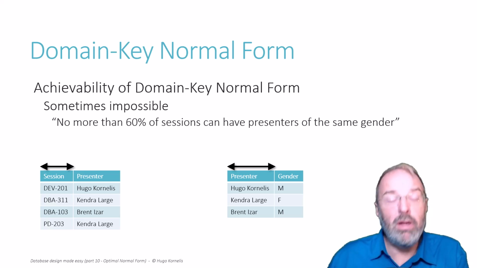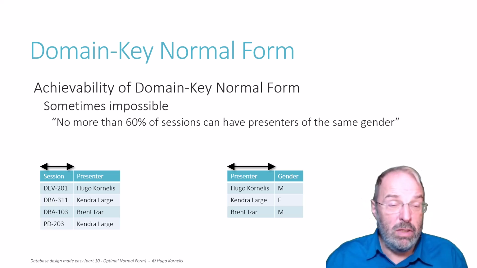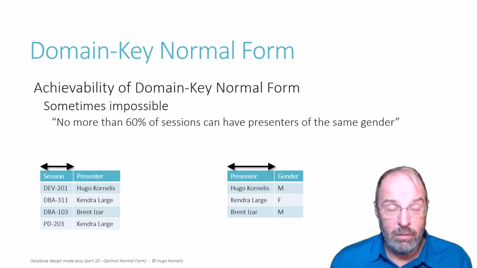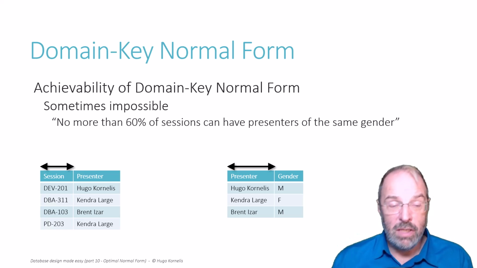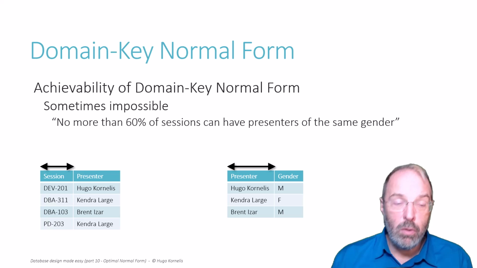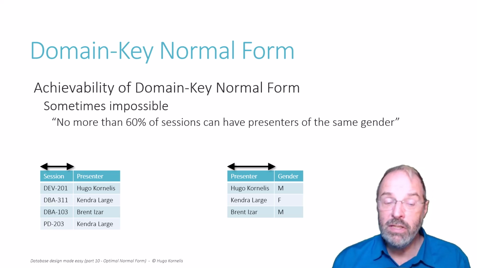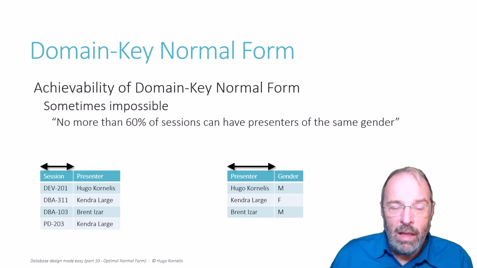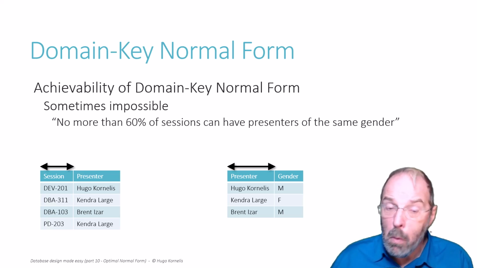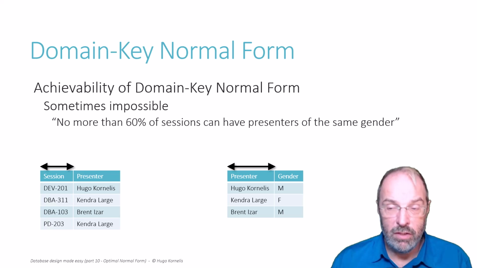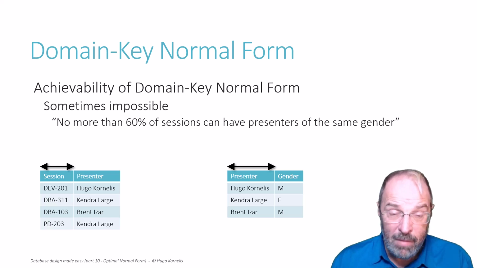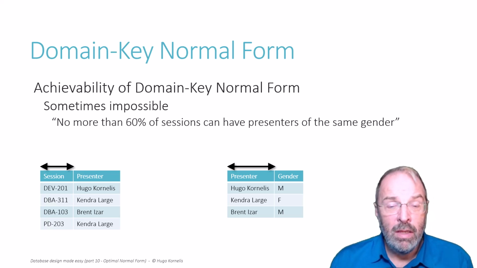Now, let's look at the schema that supports this. So if you look at the facts that you need to even verify this, then you know that you have a session table with a session column as the candidate key and a presenter column to store who presents that session. And you have a different table where you store the presenter and the gender. That would be the presenter table.